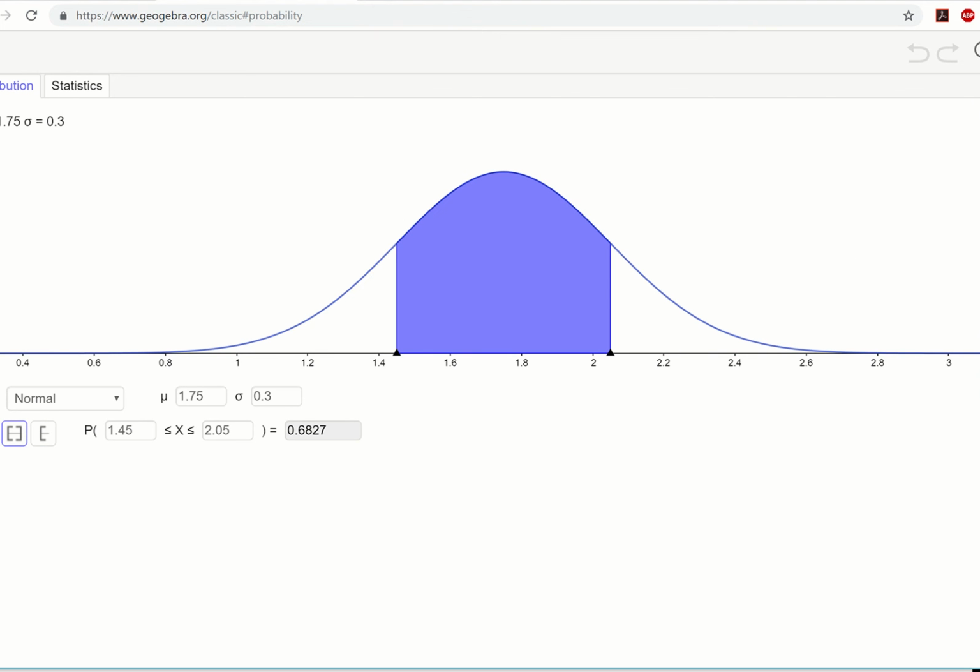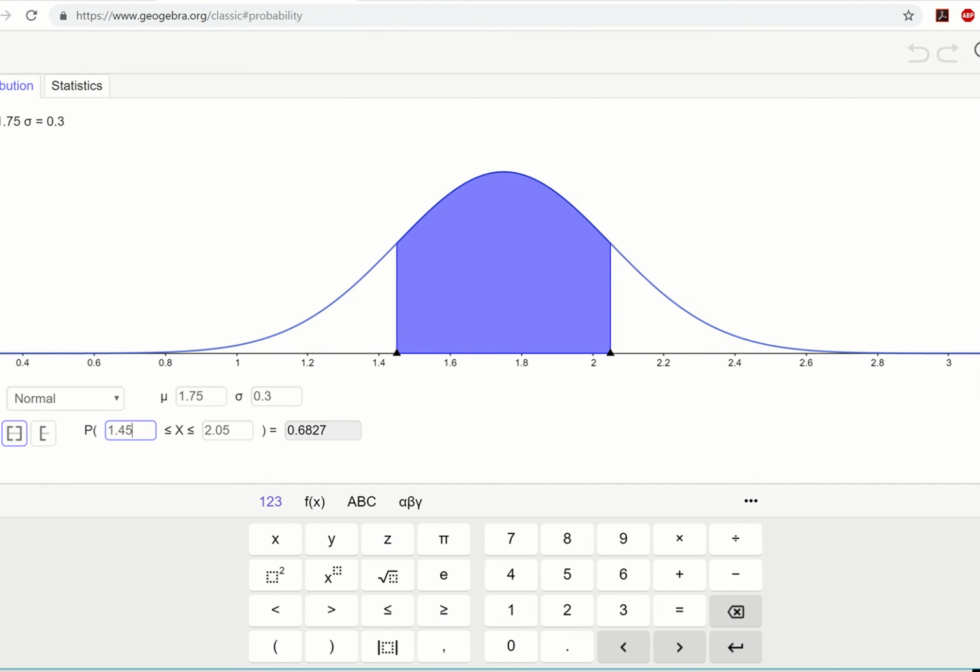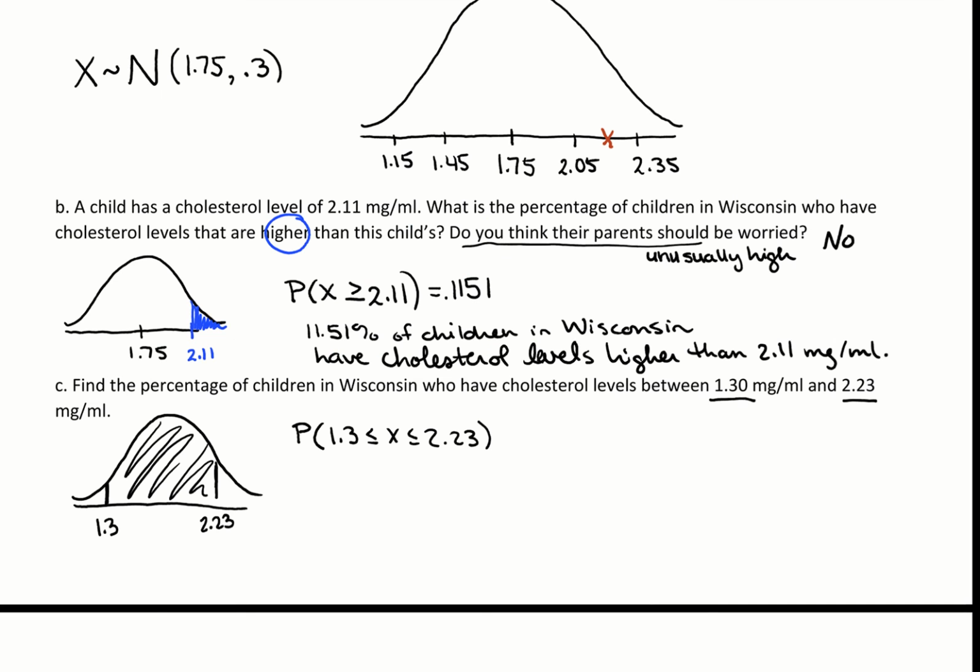So we want to look between two values, lower bound 1.3, upper bound 2.23. And that picture looks similar to what I drew, and we are getting this large probability out of 0.8784.